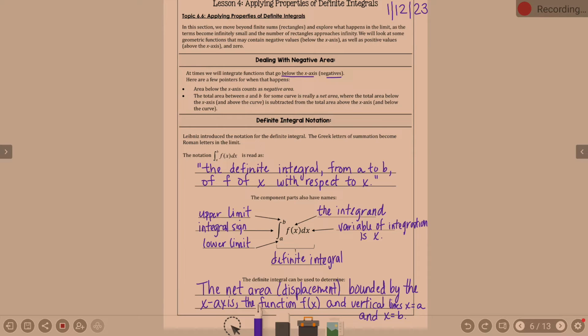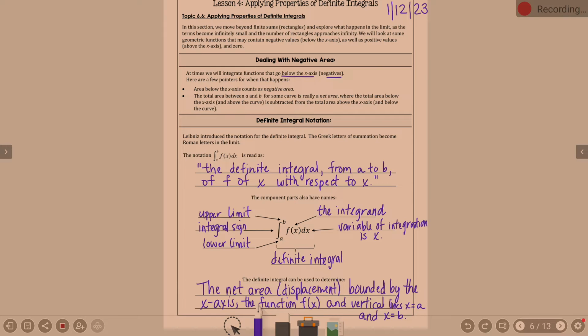I've been teaching you from day one, integrals can be used to find area, right? Derivatives, we talk about slope of the tangent line. Integrals, we talk about area. So the net area or displacement. It's the area under the curve, or between the curve and the x-axis.